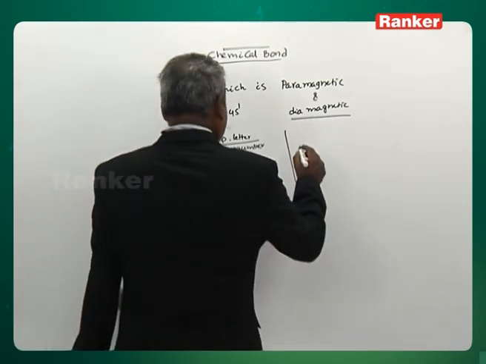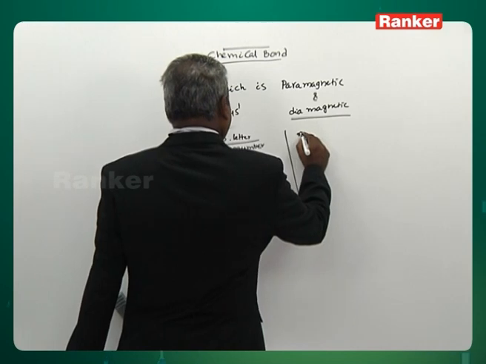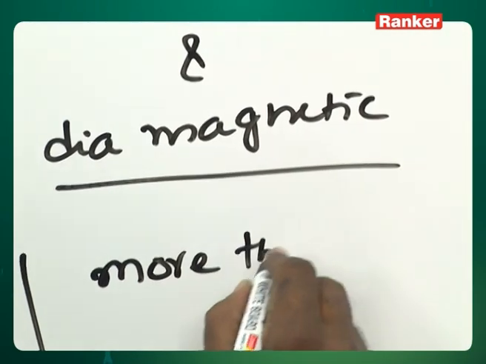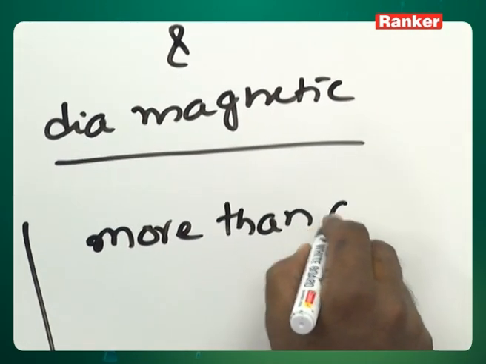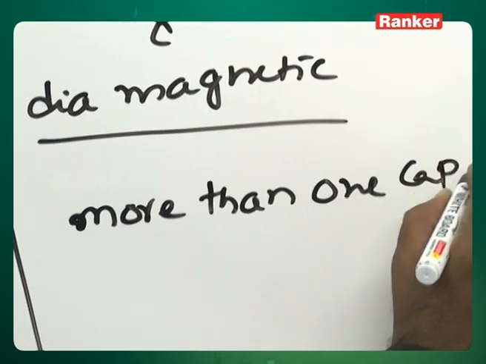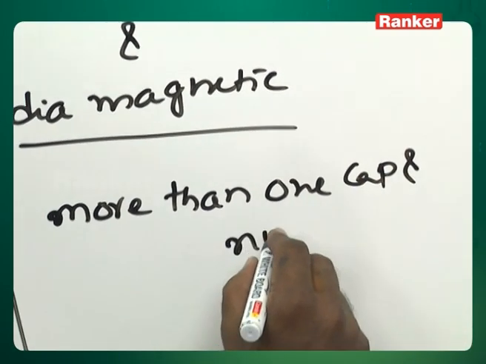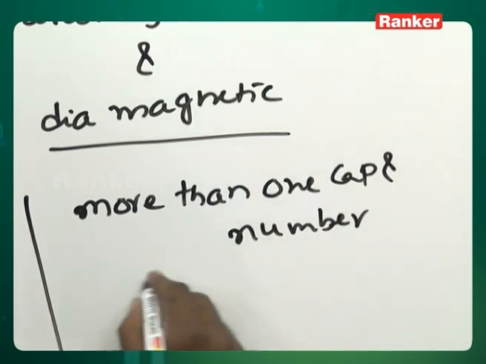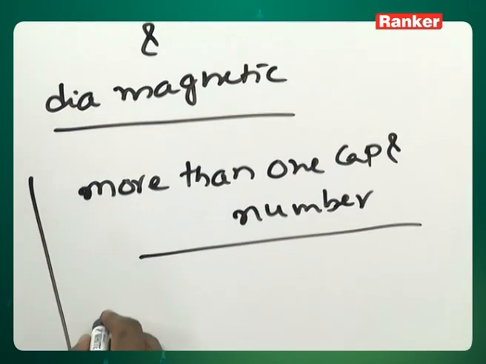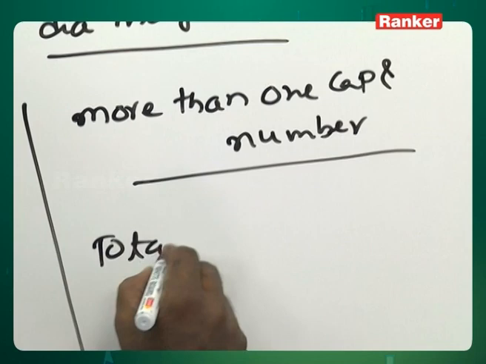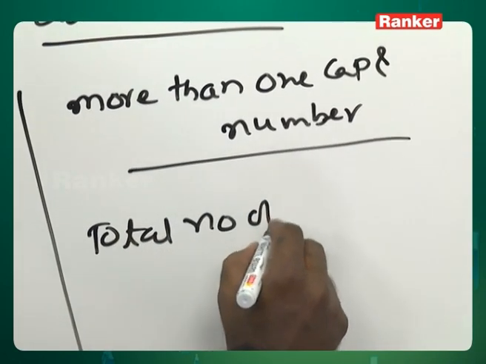And this is for more than one capital letter, in which you have more than one capital letter and a number. Total number of electrons, you count the total number of electrons.